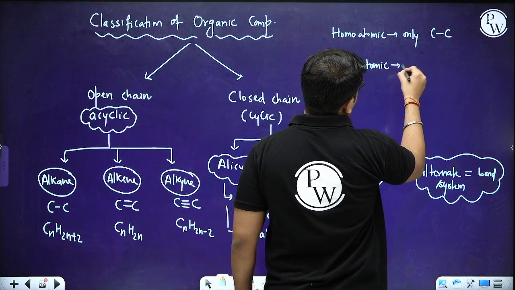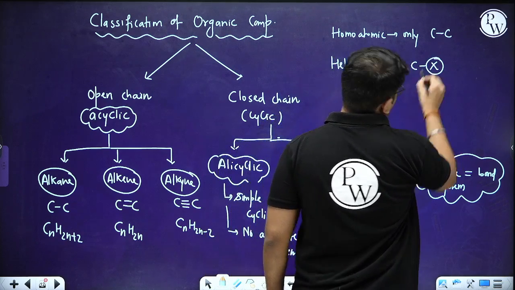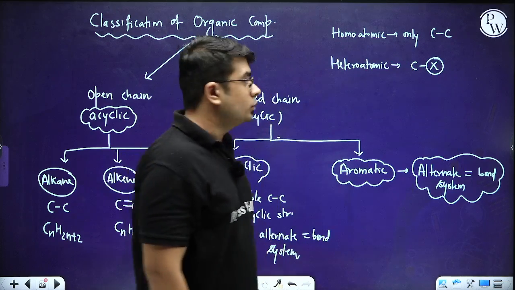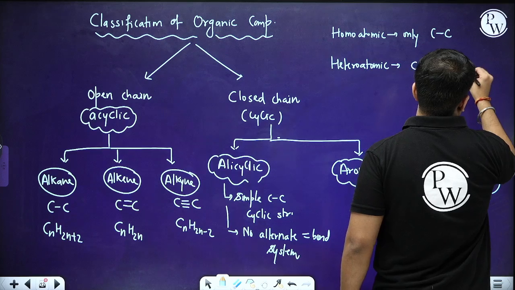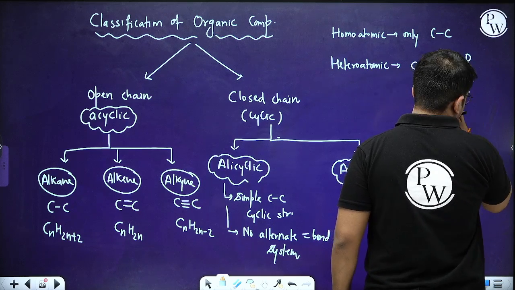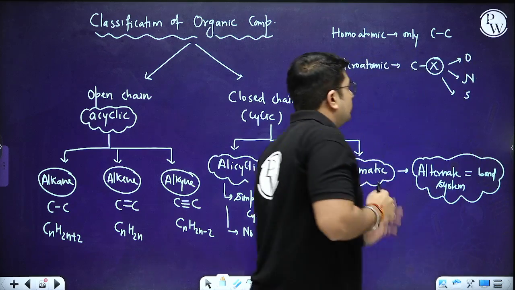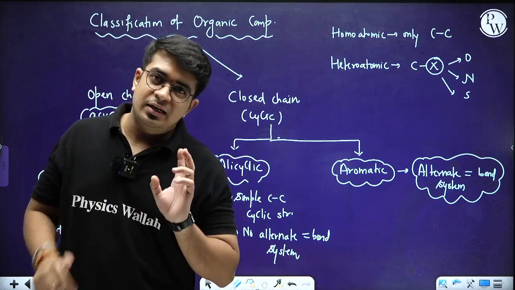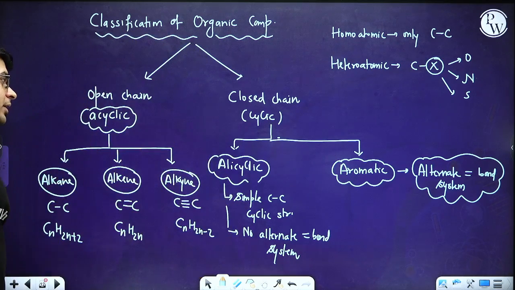Heteroatomic means carbon with other atoms also. Mainly in this particular case, we have either oxygen or nitrogen. Sometimes it may be sulfur, okay, but most of the time it's oxygen as well as nitrogen. I hope this entire part is clear. This is the basic classification related to organic compounds.